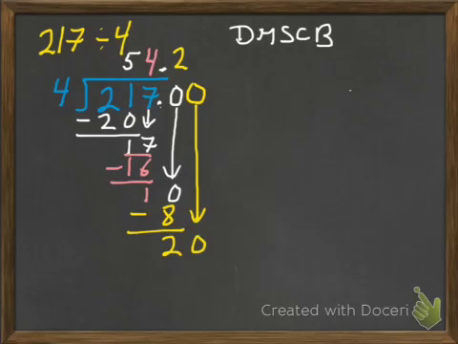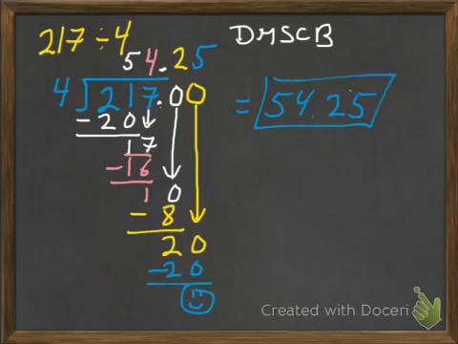So I divide, I get 5, I multiply, I get 20, I subtract, and now I get what I call a happy 0 because there's no remainder left. And so the answer is 54.25.